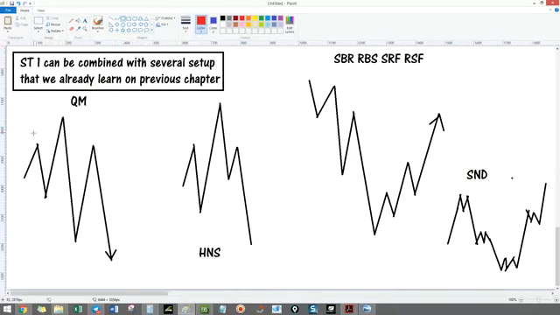You will find the shadow codes over here, over here, over here, over here, over here. So you can find ST1 in a lot of setups from previous topics.